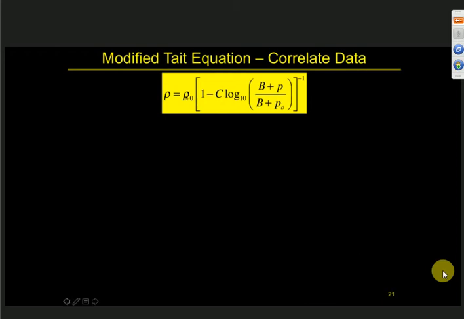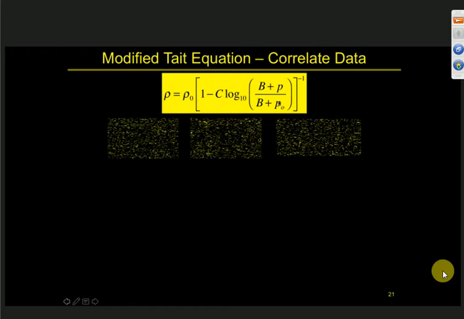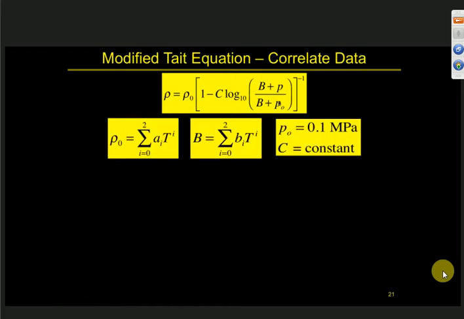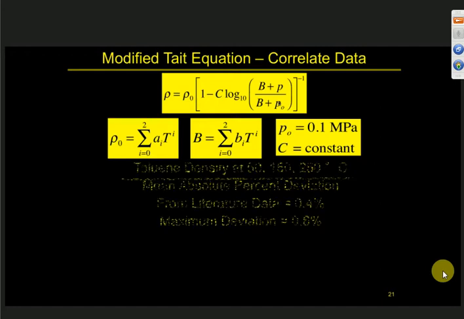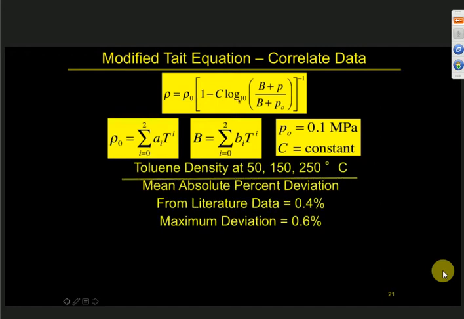This equation is given with this formula, and you write your own simple Excel functions to calculate the density. Once you have these coefficients, you should be able to calculate at any given temperature and pressure.